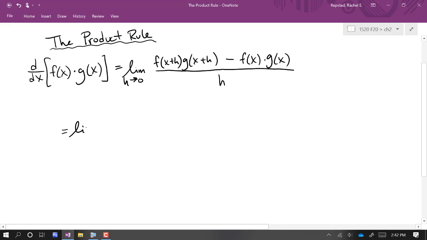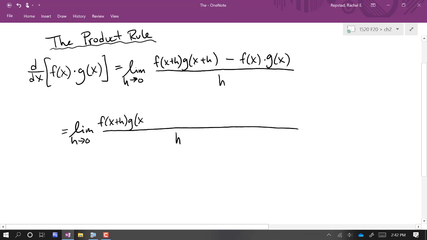So we're going to get the limit as h approaches 0 of, I'm going to show you how this is going to work out here. Up top we have f of x plus h, g of x plus h. We know that we're subtracting f of x, g of x at the end. And I'm going to add and subtract in the middle just because it's convenient.